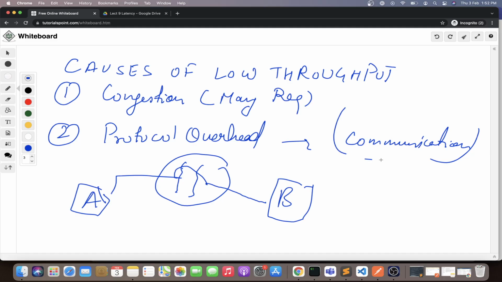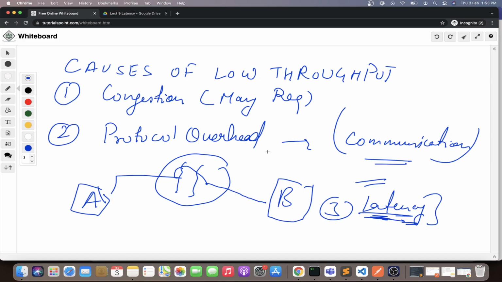These protocol overheads also sometimes cause low throughput. The third one is latency. In the previous lecture we already defined latency, so it will be clear how latency affects throughput. You need to remember these 3 points. Sometimes it's directly asked what are the causes of low throughput, so you need to explain these points to the interviewer in detail.